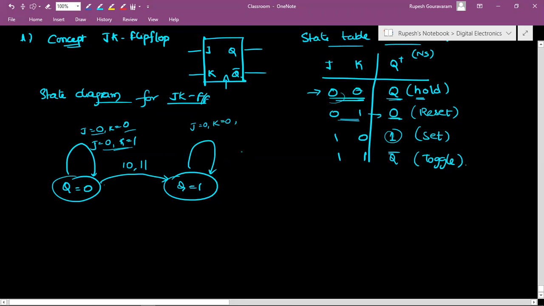And if set is there, set means J is equal to 1 and K is equal to 0. So if J is equal to 1 and K is equal to 0, then also the previous state is 1 and now also it remains at 1. Sorry, here K is equal to 0.